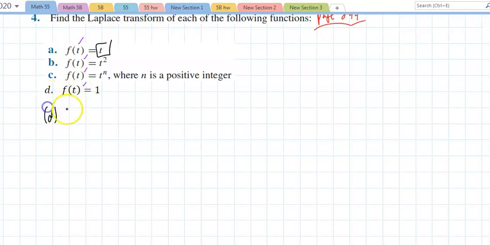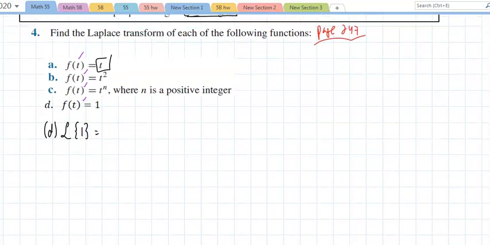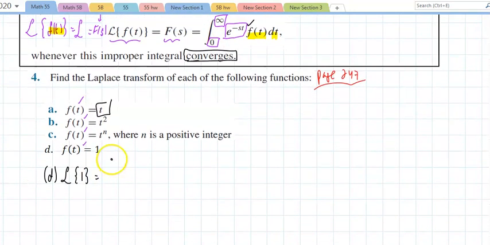D. If I want to find the Laplace transform of 1, which is f of t, according to this definition, it's the integral from 0 to infinity of e to the negative st times 1 dt. And I'm not going to work downwards in this case, I'm going to work on a straight line.